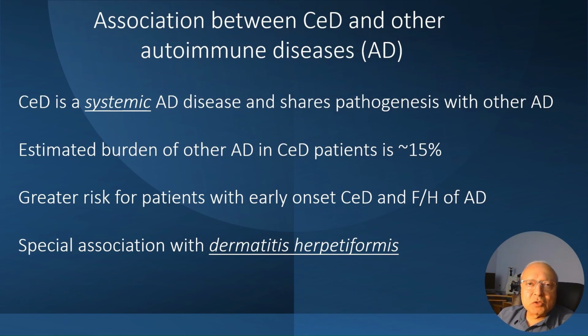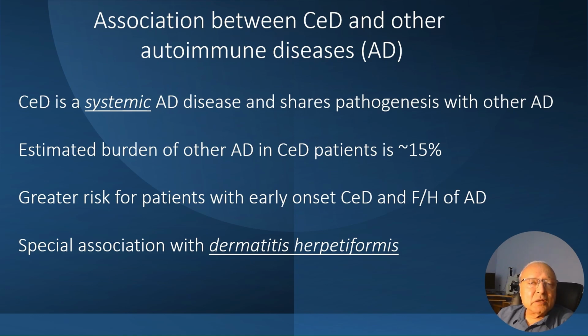Well, the commonest association of celiac is with other autoimmune diseases, since it is a systemic autoimmune disease itself. Now, the estimated burden of other autoimmune diseases is about 15% in patients with celiac disease.